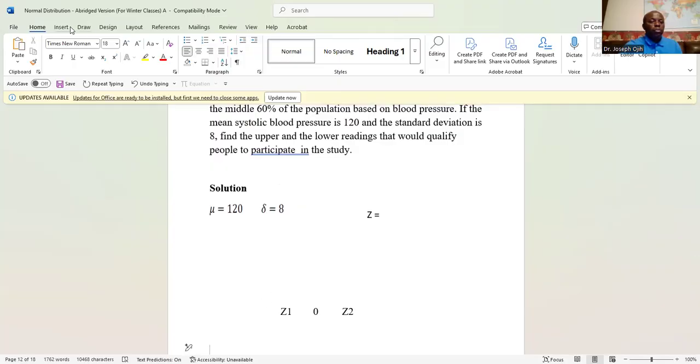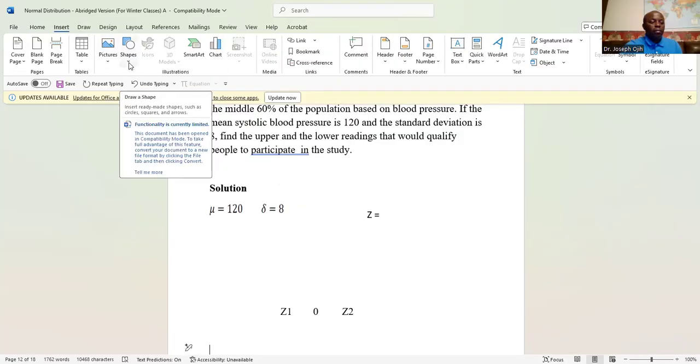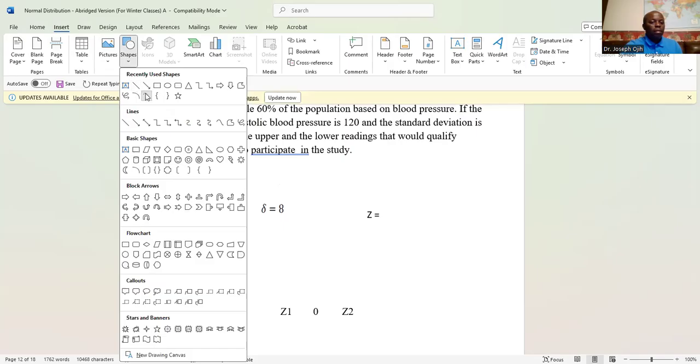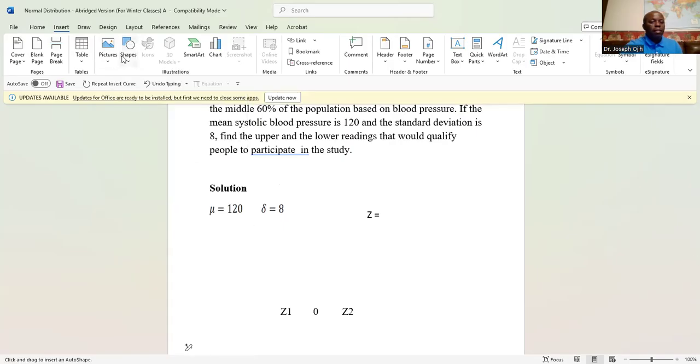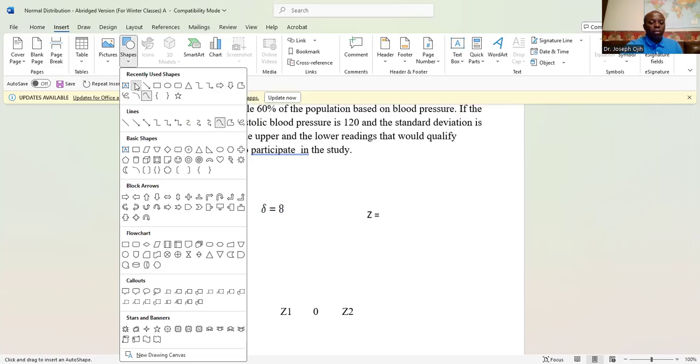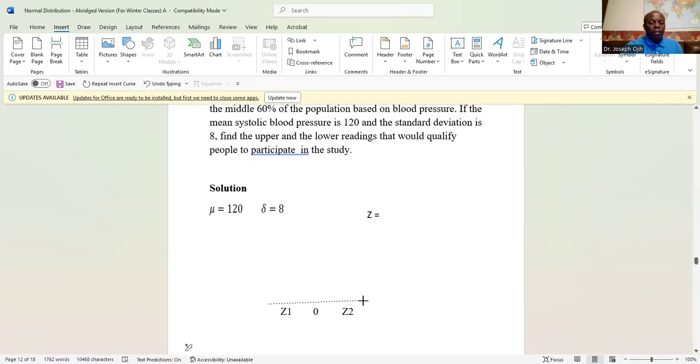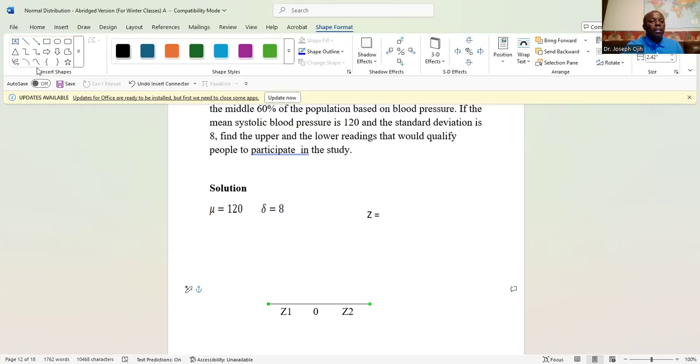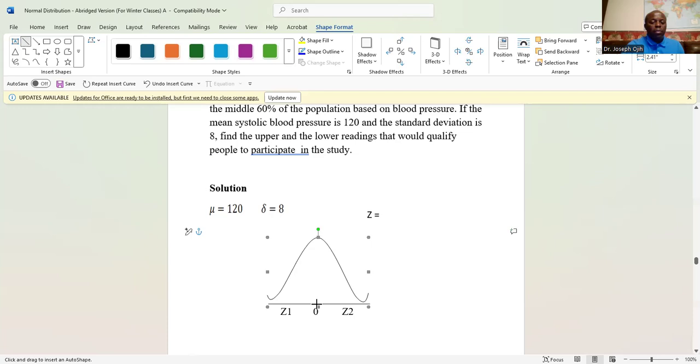Now I'm going to put the chart so you can see how it looks. This is the center line, which is the mean.